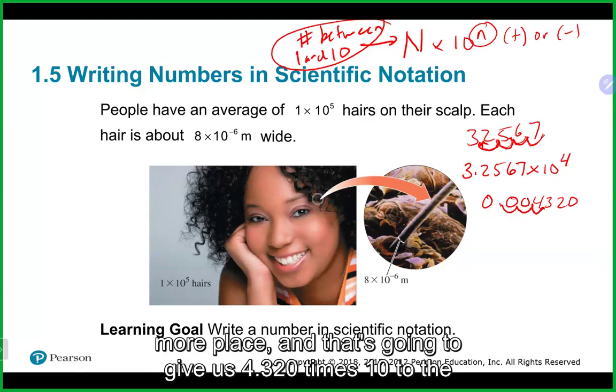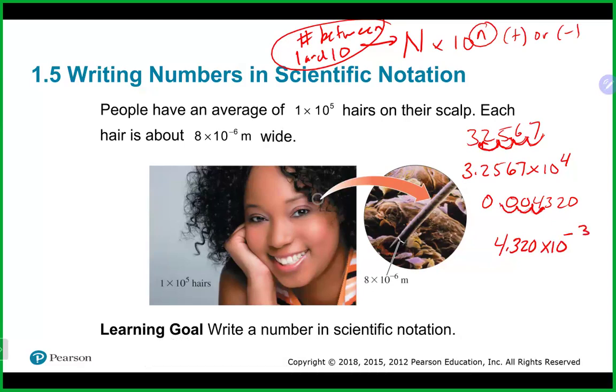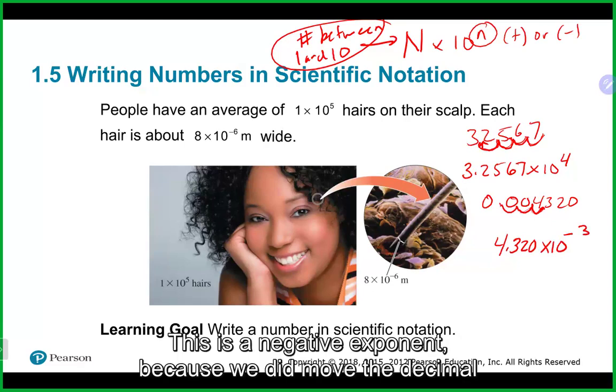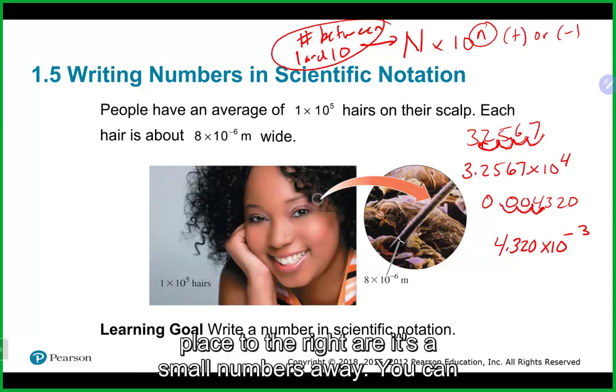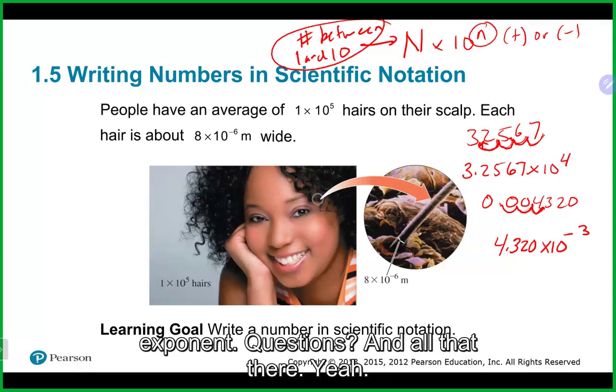One more place, and that's going to give us 4.320 times 10 to the negative 1, 2, 3. I think I went 1, 2, 3. There we go, minus 3. This is a negative exponent because we moved the decimal place to the right, or it's a small number. So a way you can remember that: basically, less than 1 will be a negative exponent.